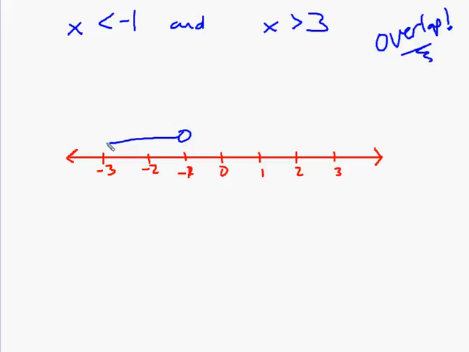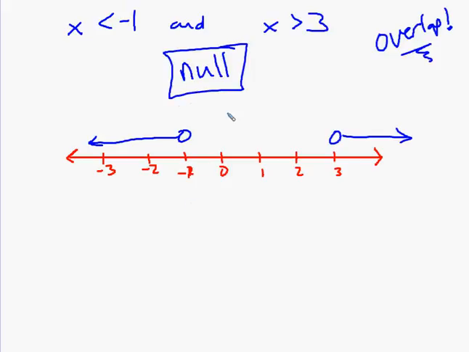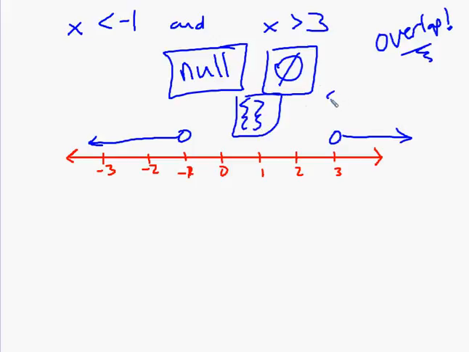And then we see after graphing this, what? Yeah, they don't overlap. So the answer is no. There is no overlap. Or we say empty set. Or we say no solution. Any of these will be fine answers. Okay? But if there's no overlap, there's no answer.